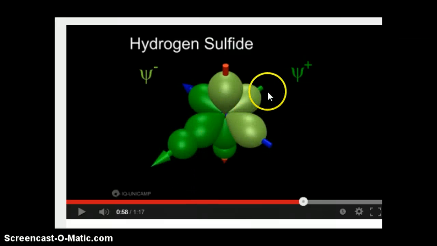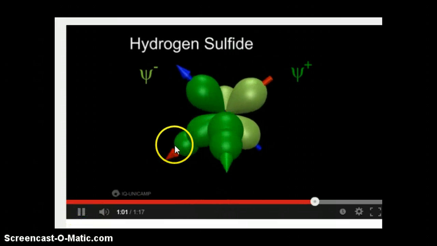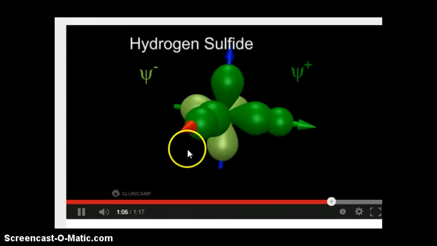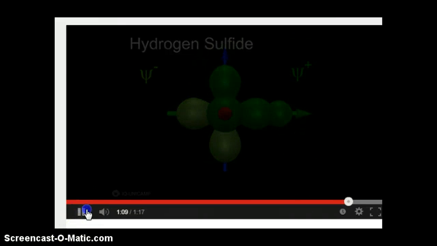They lie exactly on the Cartesian coordinate axes, x, y, z, and those axes, of course, are perpendicular to each other. So in other words, we would predict that the angle of this H2S molecule, which is this angle right here, this bond angle, should be 90 degrees because it's exactly where the p orbitals are oriented.